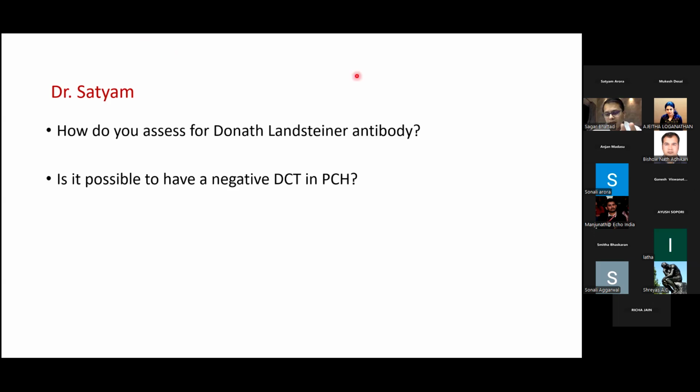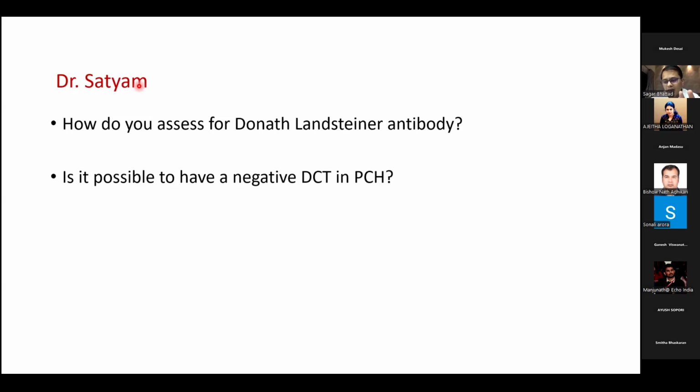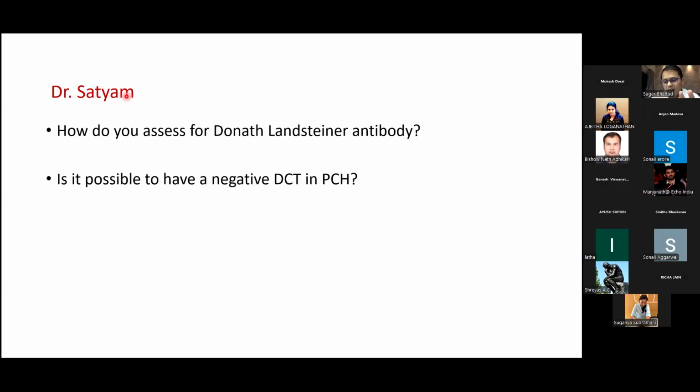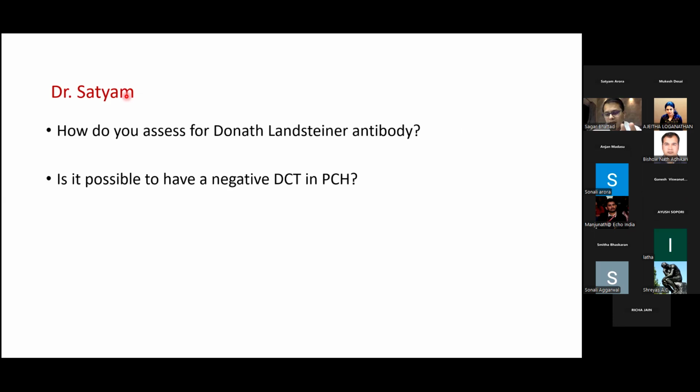Another important thing with regard to warm AIHA is that we can differentiate this warm DAT positivity of IgG between IgG1 and IgG3.